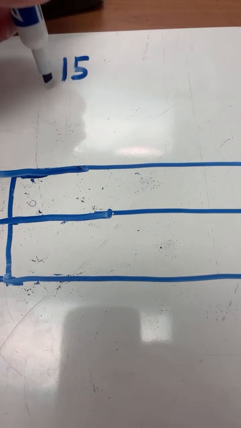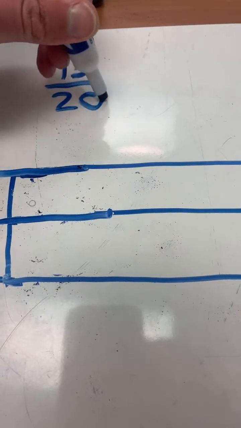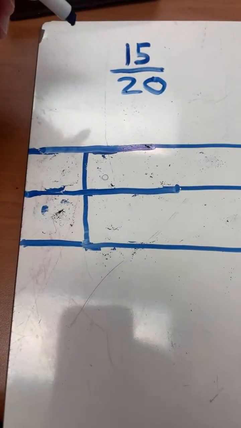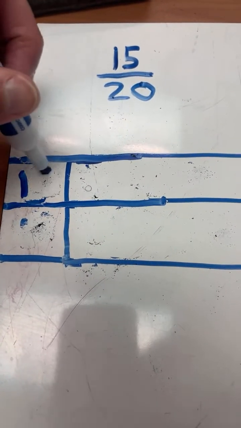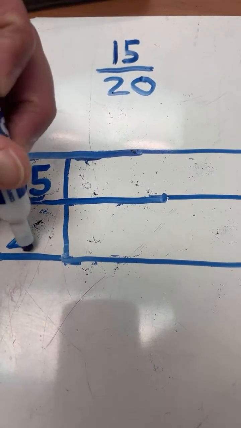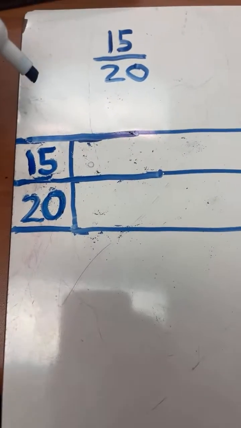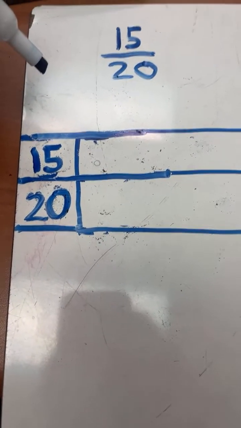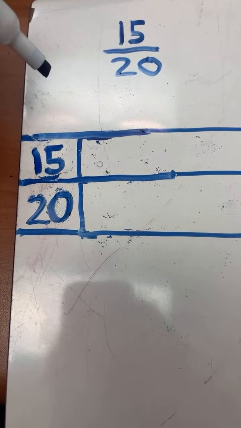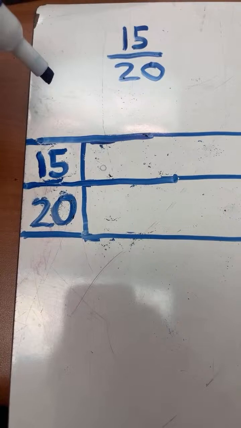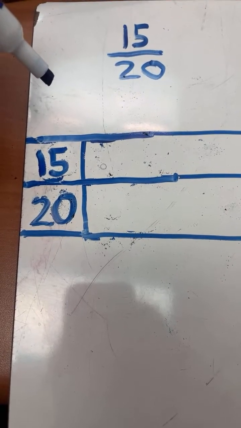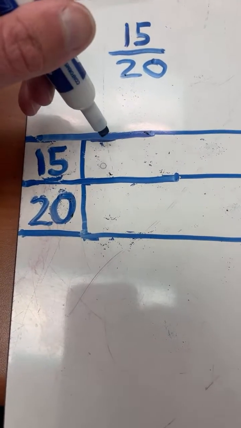Next example, reducing fractions to the lowest terms. We're going to go with 15/20. So we're going to find the greatest common factor between 15 and 20. Then we're going to divide the numerator and the denominator by the greatest common factor.